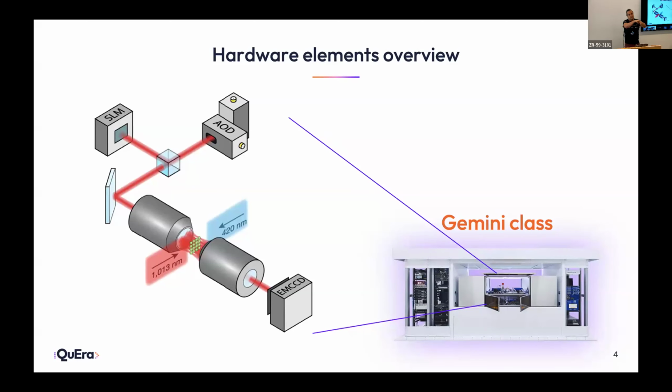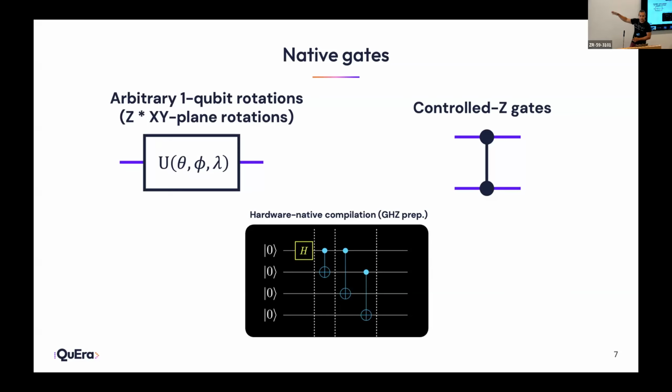So what do we do with this, guys? When you're doing calculations with this, you definitely want to know what the native gates in the system are. At the highest level, you can just say that it's really just arbitrary single qubit rotations and controlled Z rotations. So not controlled NOTs, but a simple gate, 1, 1, 1, -1, controlled Z. Except that this, we tend to prefer to decompose into Z phases and rotations in the XY plane.